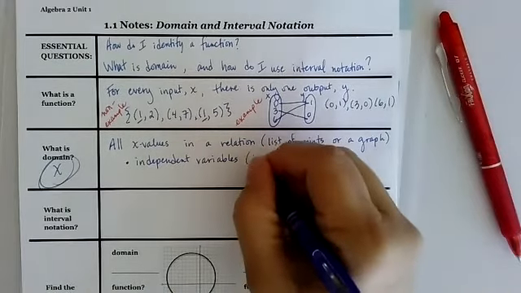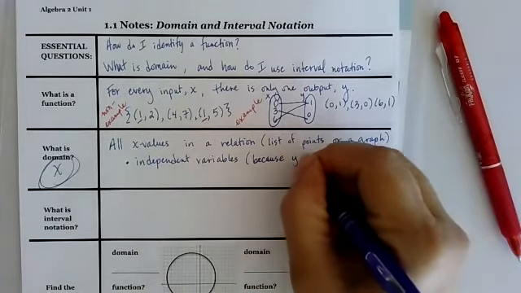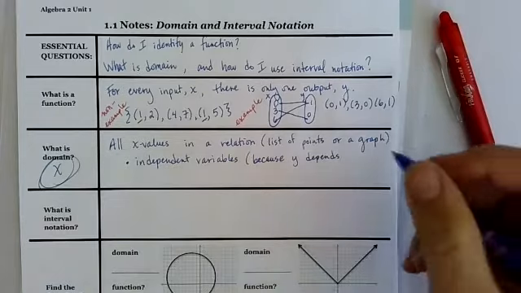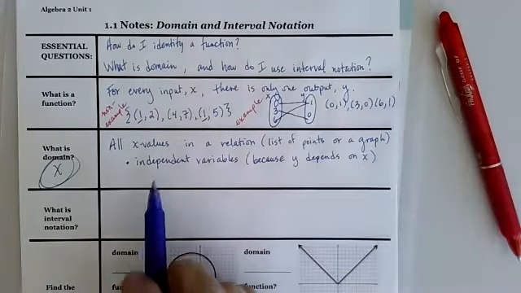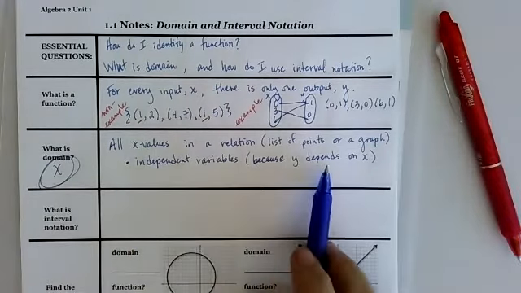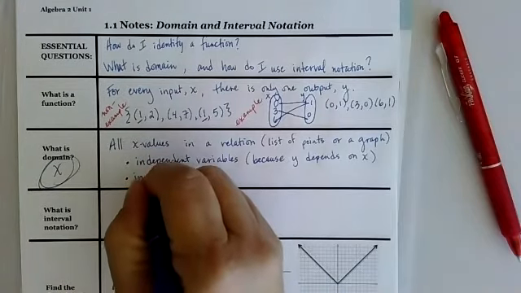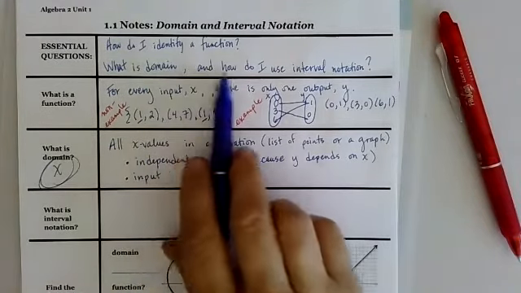The y value depends on whatever you choose for x. So x is independent and y depends on that x that you choose. This is also your input. X is your input.